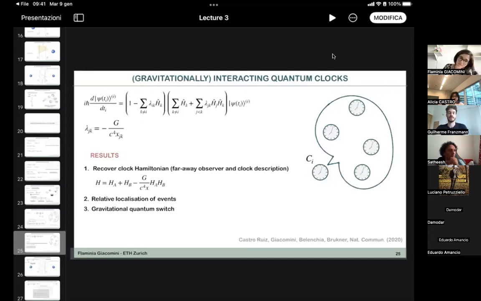There has been a work by Aharonov and recent collaborators where they consider a system somewhat similar to this. It's two clocks with a gravitational interaction between them. They argue that generally for those kinds of situations, when you allow the particles to be spatially delocalized, this Hamiltonian that you get on the right-hand side is actually not Hermitian because the Hamiltonians in the different two parts generally do not commute.